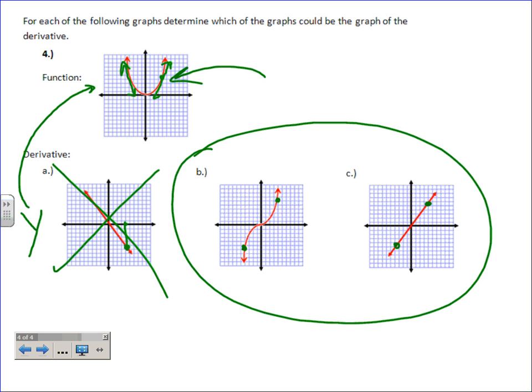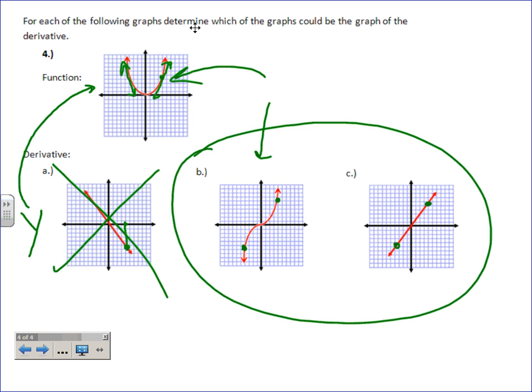If the power goes down 1, you're down to x, right? Which is a line. If you get to this, you would have had to have gone up a power to get to that one. But based on the information I gave you, would you have known that? No. I wanted you to strictly look at slopes. Okay? Because that's what the derivative tells you, is slope.